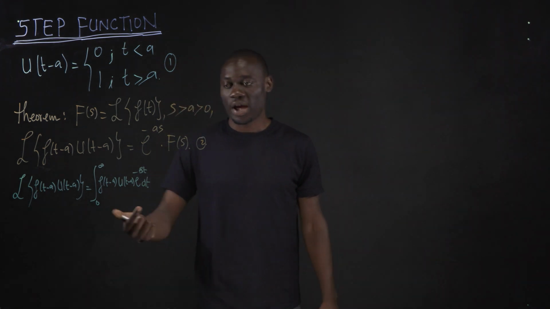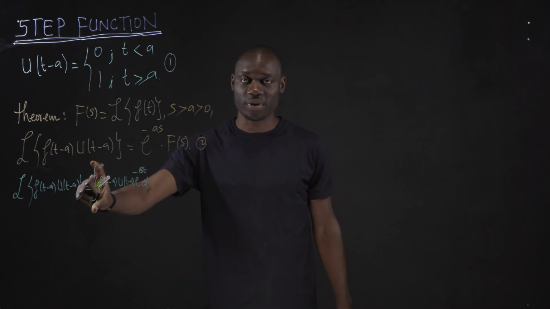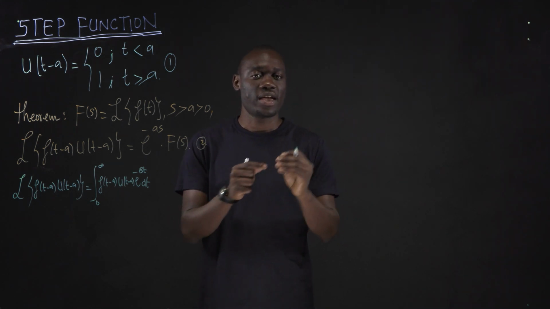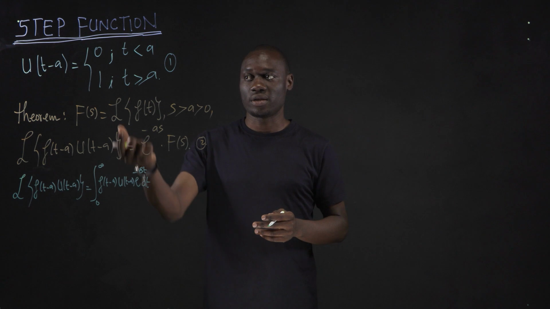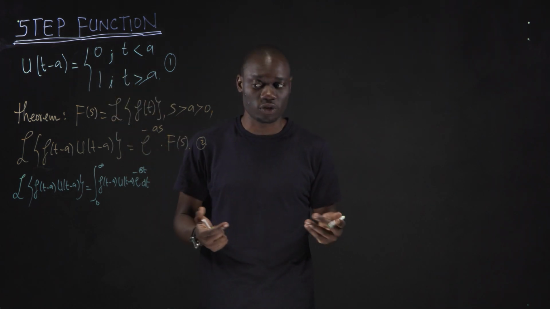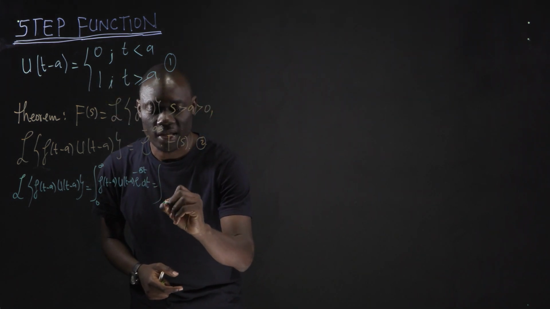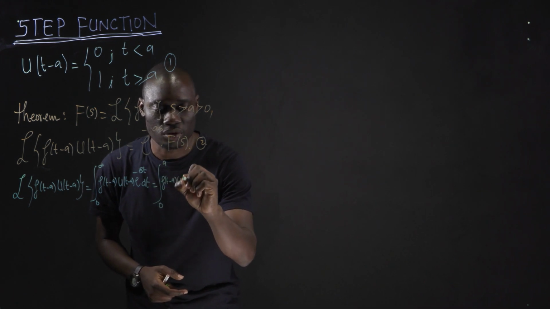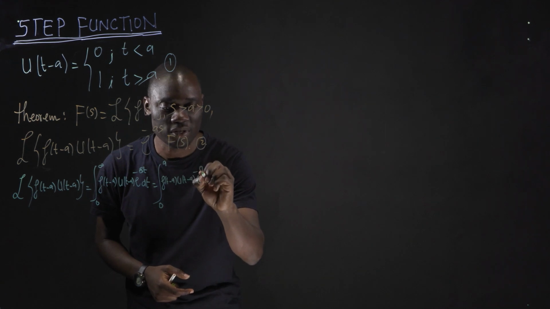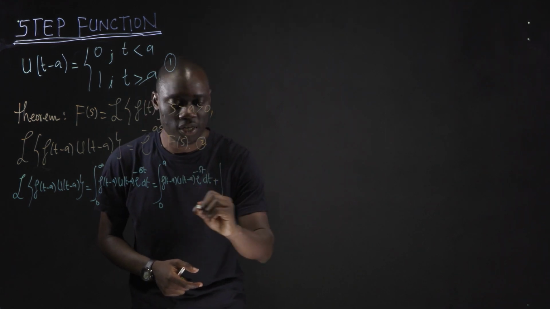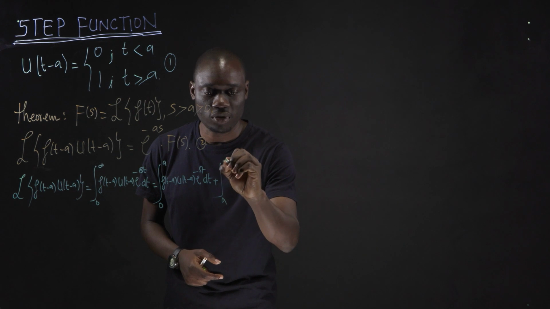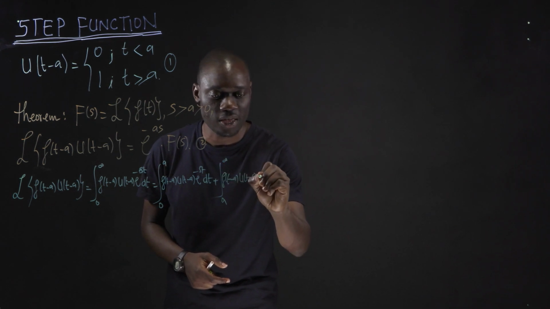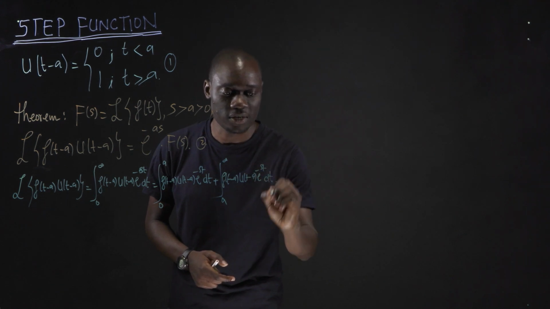We can split this integral between the two intervals t less than a and t superior to a, so that we can employ the definition of the unit step function. This gives the integral from 0 to a of f(t minus a) u(t minus a) e^(minus st) dt plus the integral from a to infinity of f(t minus a) u(t minus a) e^(minus st) dt.